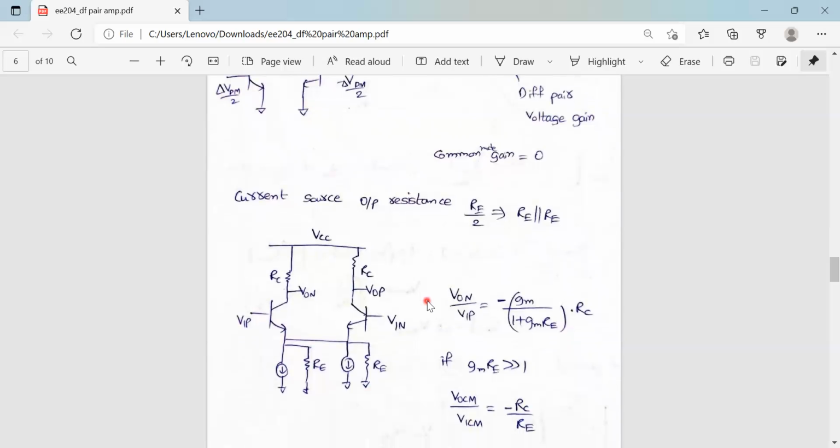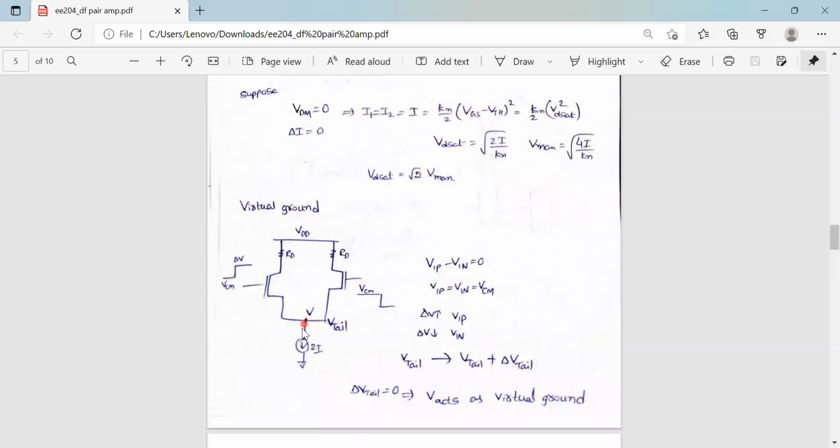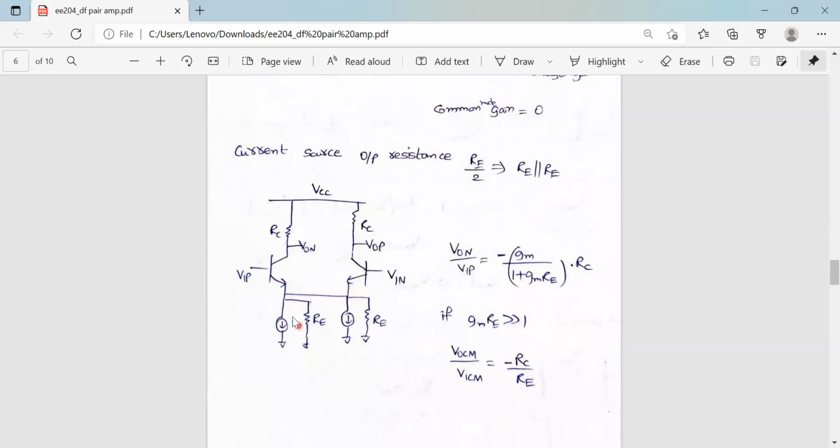Now if this current source is not ideal, Rout will be there. To solve this, we divide it, so the output resistance is RE by 2, and we take RE here and RE here and solve this independently.